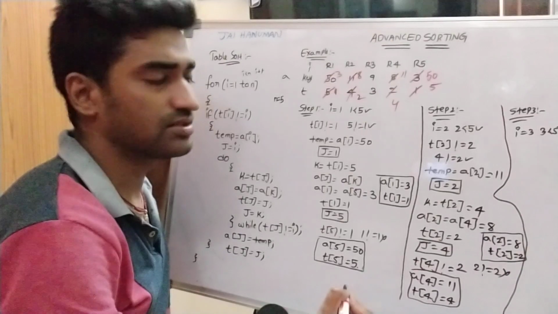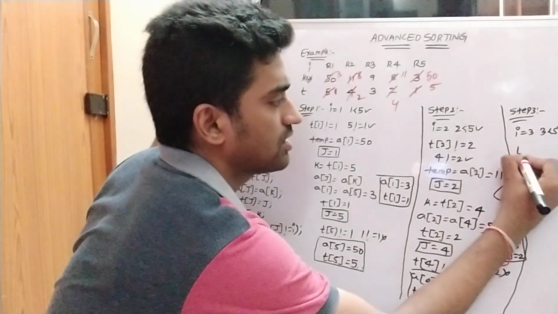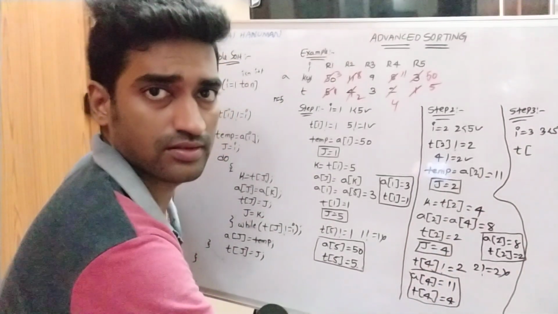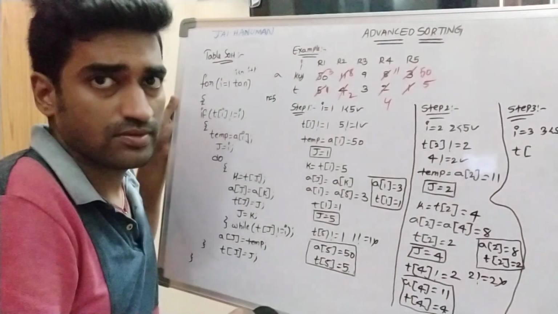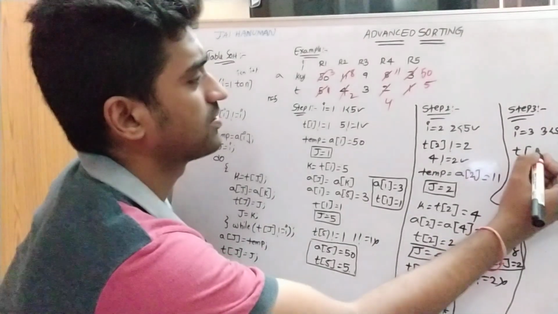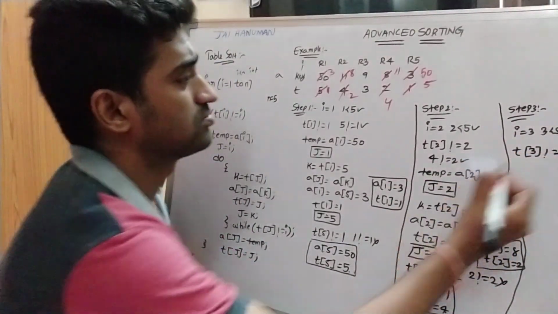So the condition is true. We are checking this one. T of I, so T of 3 not equal to 3.